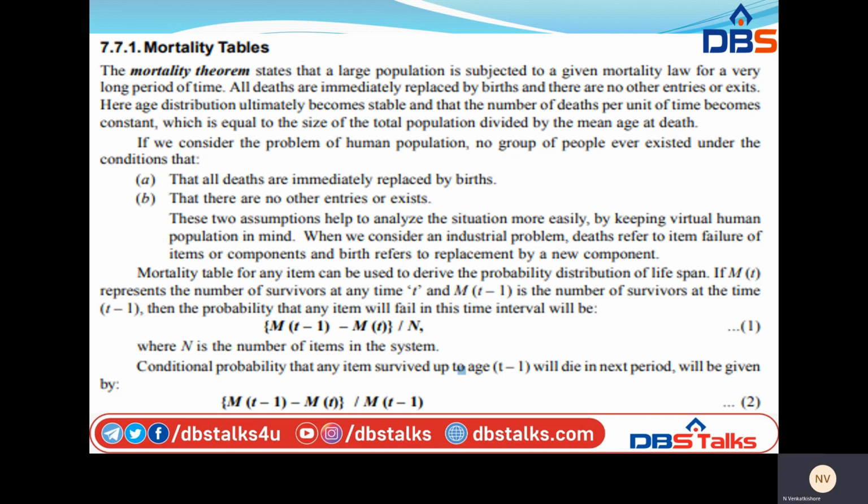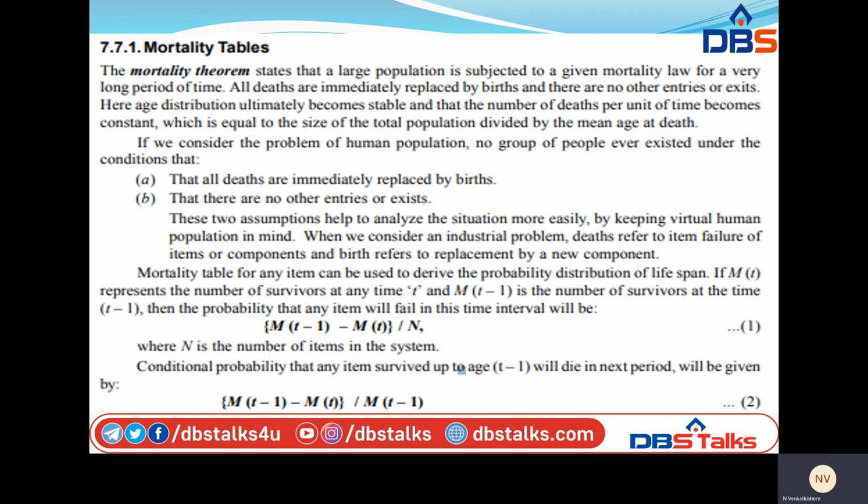So if you consider the problem of human population, no group of people ever exists under the condition that all deaths are immediately replaced by births. So all the deaths are not replaced by births. On an average, for a longer period, it may be equal.